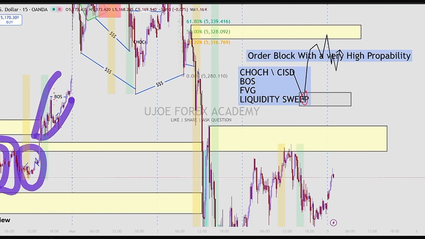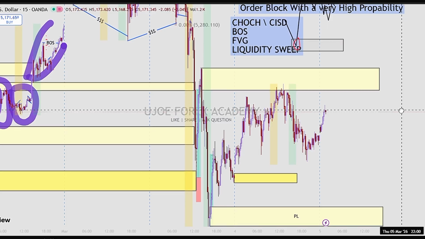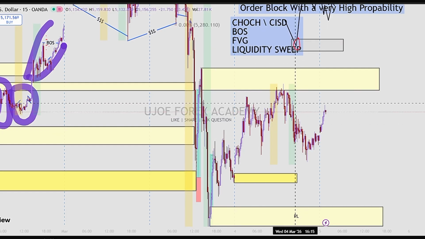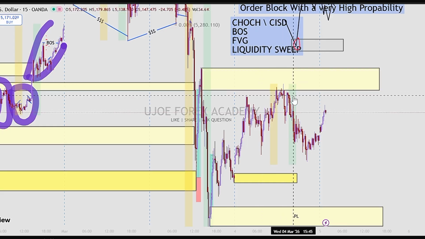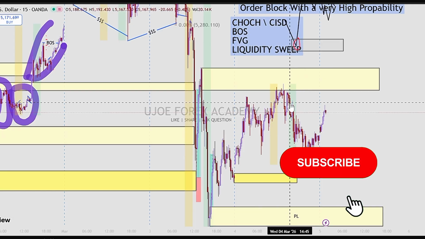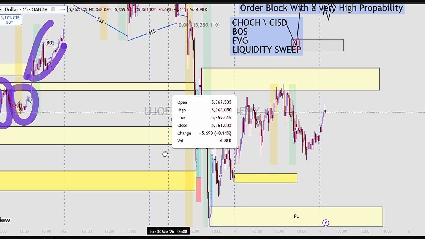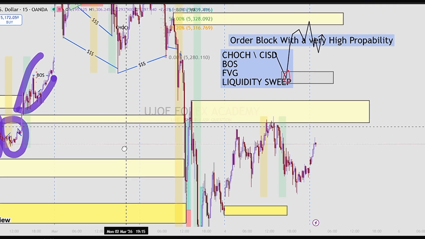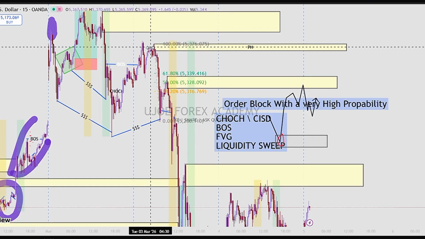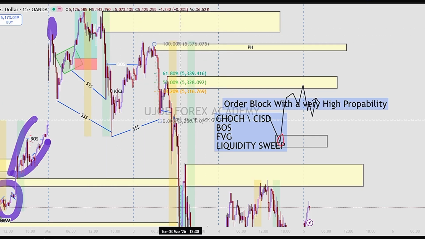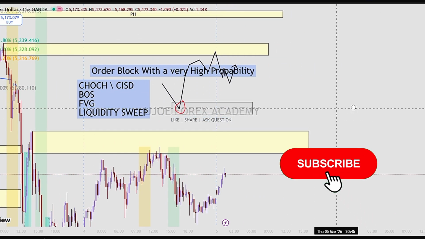These are ways in which you could get a very high probability order block that would help you print lots and lots of funds. If price action got into this zone and rejected off, I got into the trade and was able to profit from this particular trend. The same thing applies to these others, as you can see right here. These are my zones. Once price gets there, there are things it does. So you must be able to understand zones. Make sure you watch that video, it's right in this channel. It's going to help you.